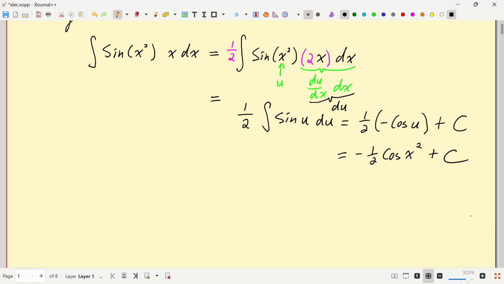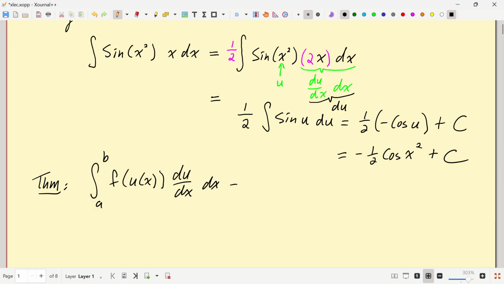Now that we've done some careful proofs involving integrals, let me show you the change of variables formula theorem. The integral from a to b of f of u of x times du dx dx is the integral between u of a and u of b of f of u du.